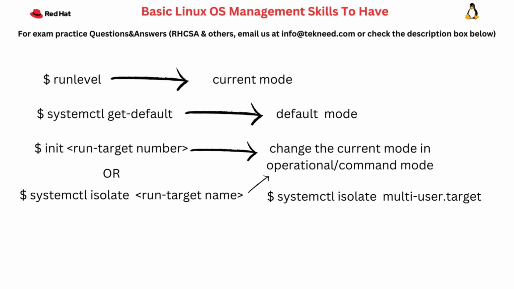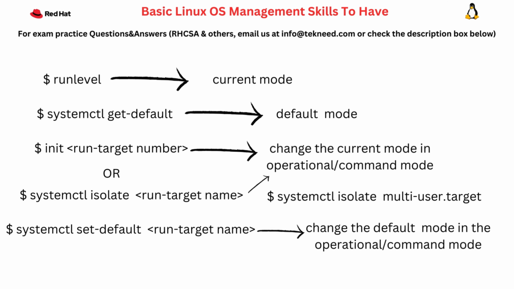Hence, if you want to make this persistent, you need to set the default run target, and to do that, you can use the command systemctl set-default followed by the run level. So for example, if you want to set the default run level to graphical.target or multi-user.target, you can just use the command systemctl set-default graphical.target.